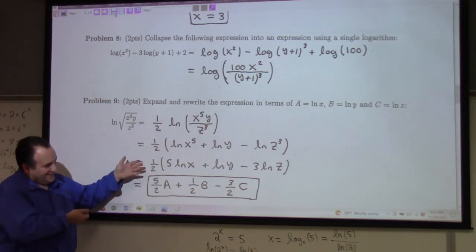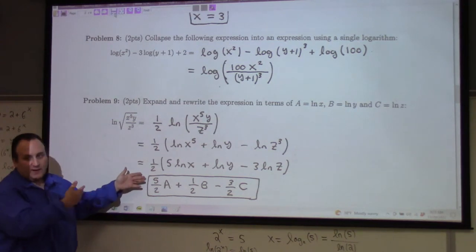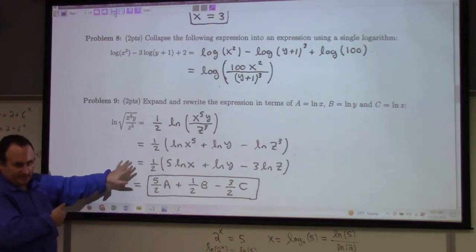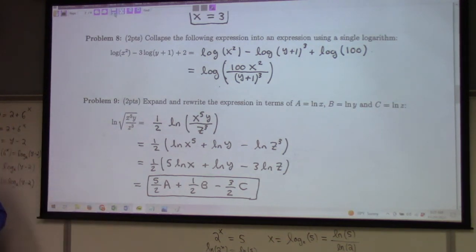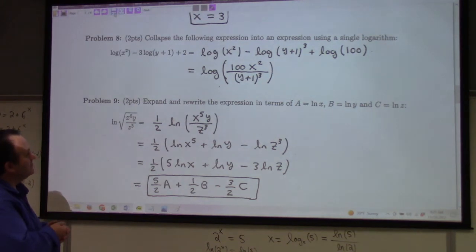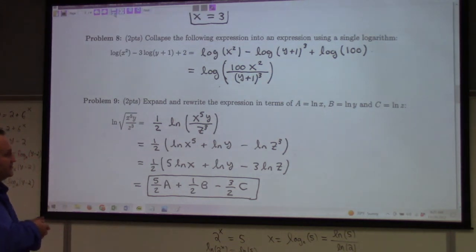Technically speaking, I was trying to mimic that homework problem with the u and the v in it. Remember that one? There's a problem where you're supposed to write your answer in terms of u and v. That's the spirit in which this problem was written. So if you didn't realize that you needed to take a log and you got x squared over (y plus 1) cubed and you just put plus 2 on the outside, I'll give you significant partial credit for that.